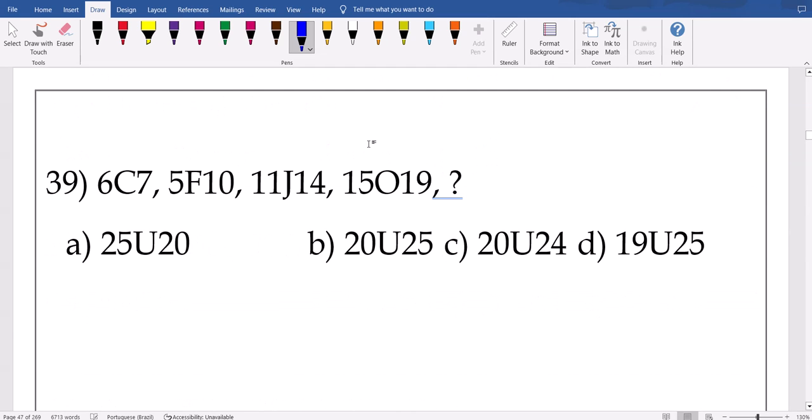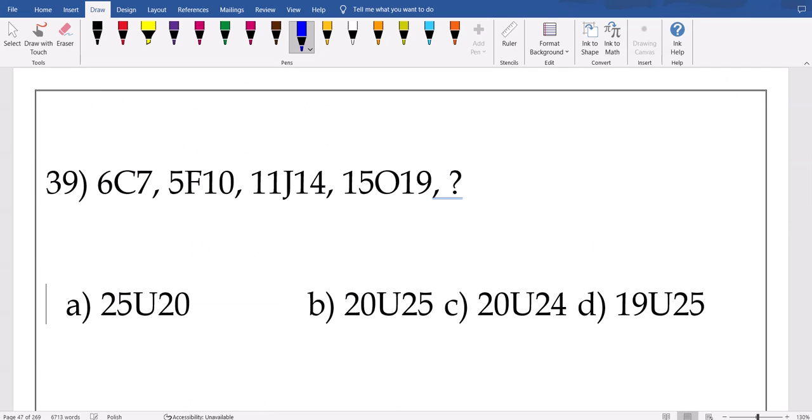Now more numbers, one letter. Plus 3, plus 4, plus 5, plus 6. So middle should be U. Letter should be U for us.